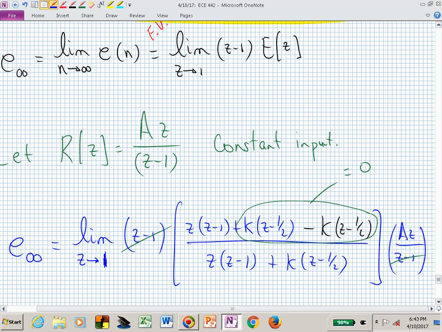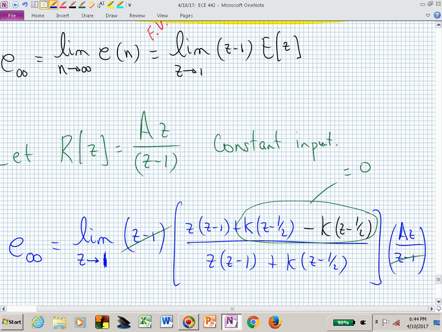I've now put all of that E of z expression over a common denominator, and I have two pieces that cancel out or sum to 0. And the z minus 1 factor preceding the big bracket cancels the z minus 1 in my constant input.